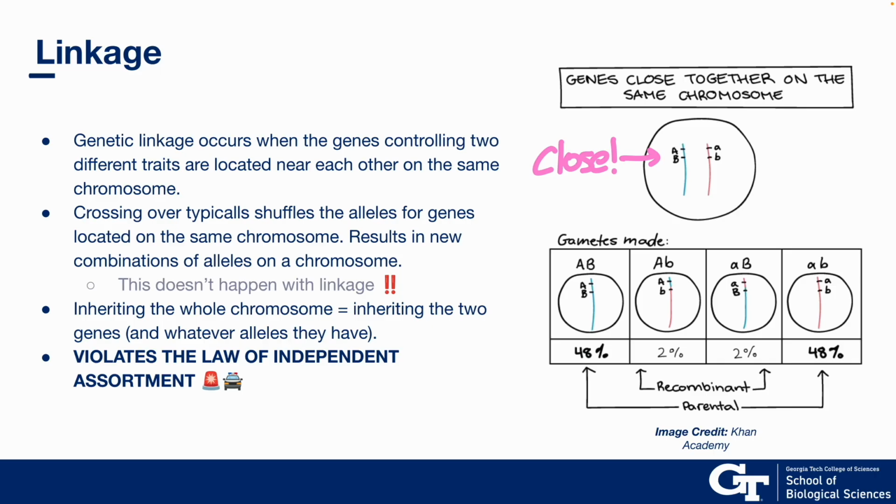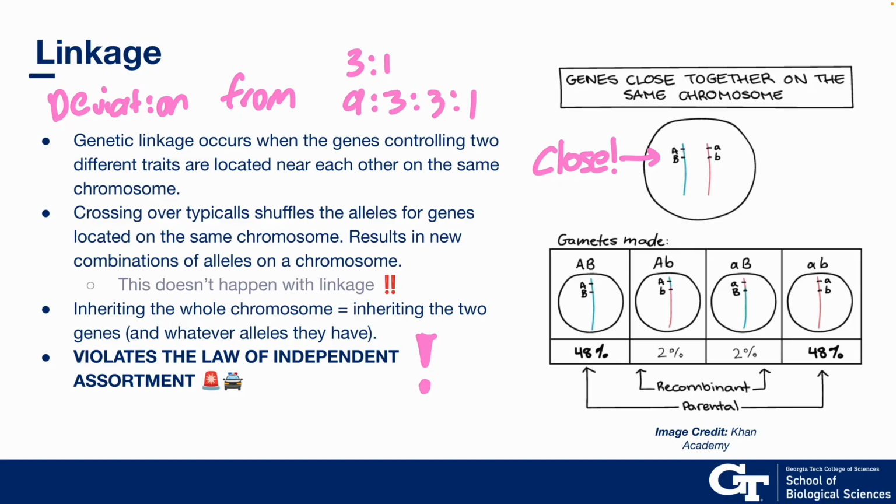And that means that this is going to violate the law of independent assortment, right? Because it means that 2 traits came together instead of assorting independently. And linkage is going to cause a deviation from Mendel's ratios. So either 3-to-1 or 9-to-3-to-3-to-1, which is why I said these are the magic numbers.